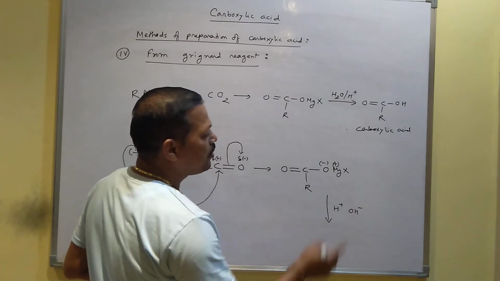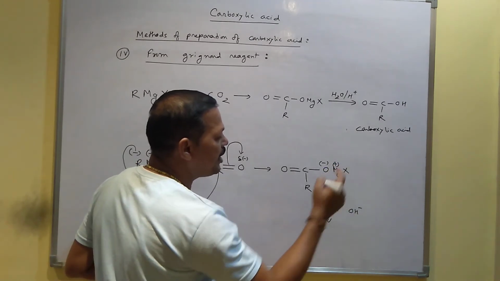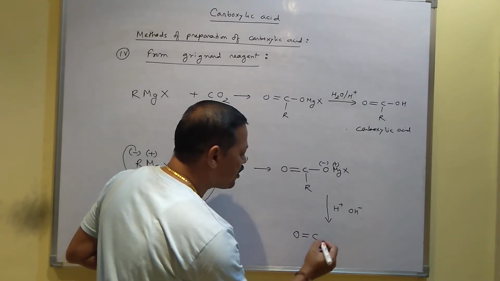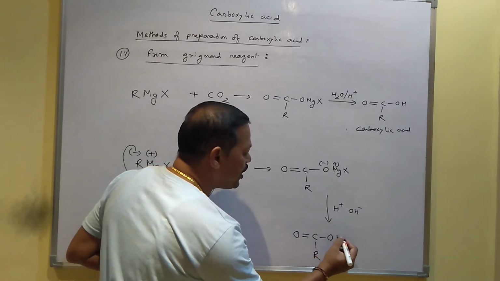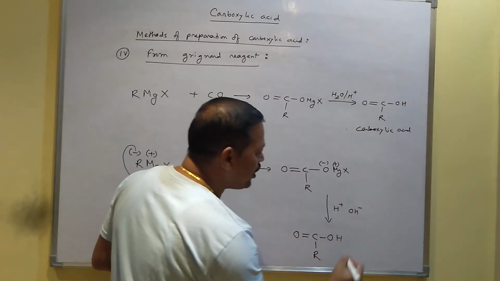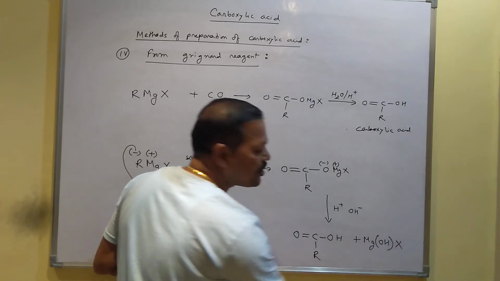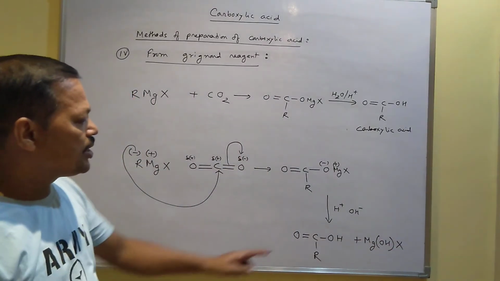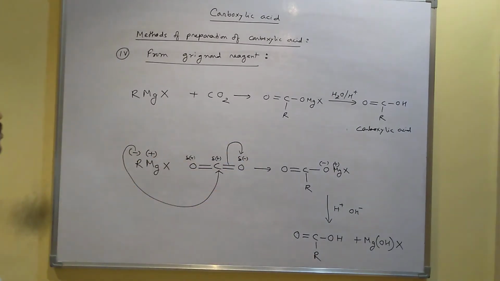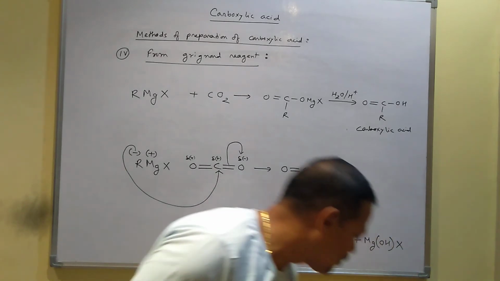This MgX plus, this positive ion, is replaced by the H plus ion, and you will get the carboxylic acid like this. MgX combined with OH produces the side product MgOHX. So this is your carboxylic acid. Actually the reaction mechanism is like this. So this is number 4 method.